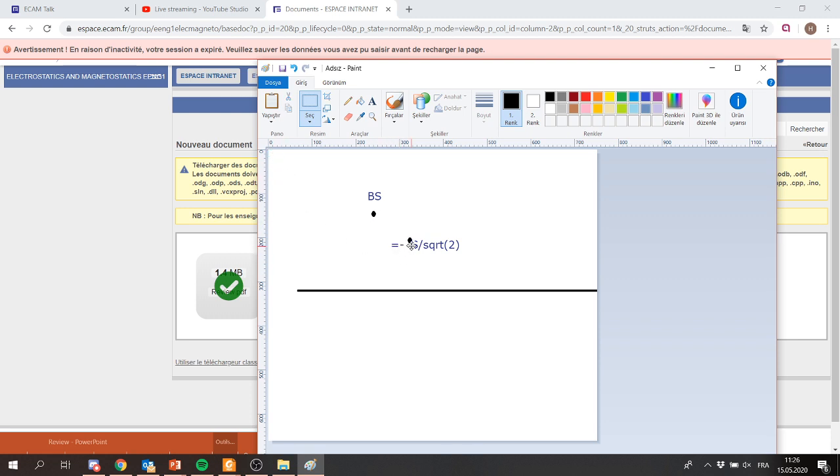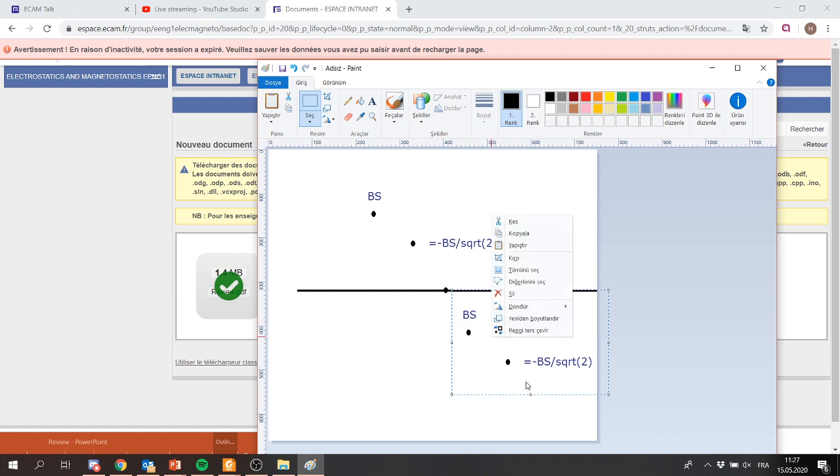And here it will be 0 when the angle is 90 degrees. When you convert it, it will be exactly like this, opposite, vertical.